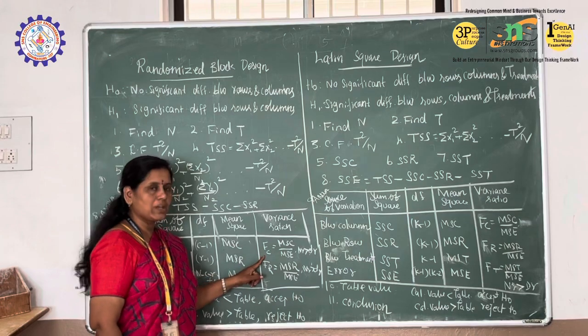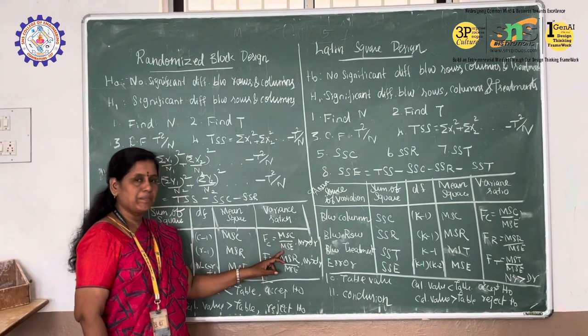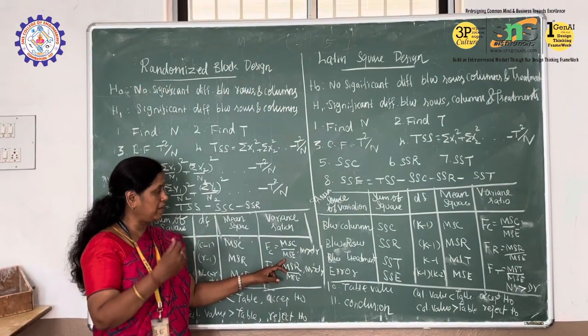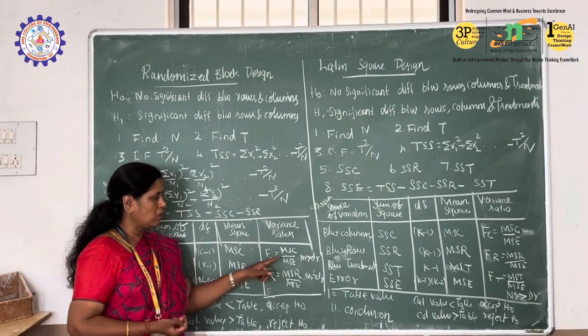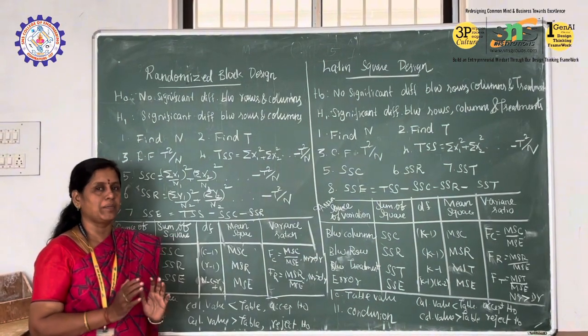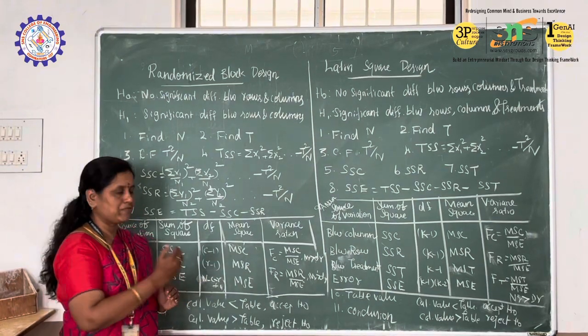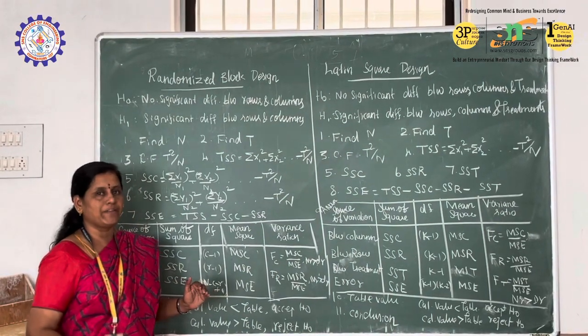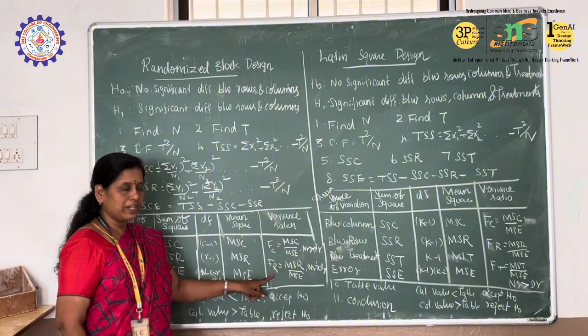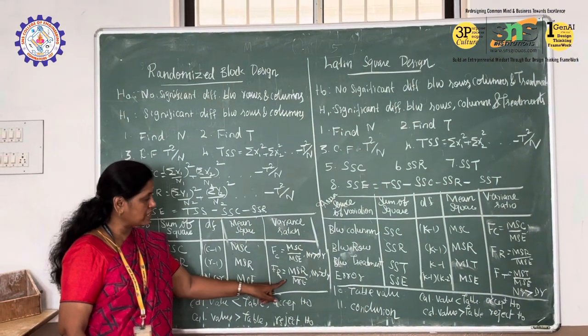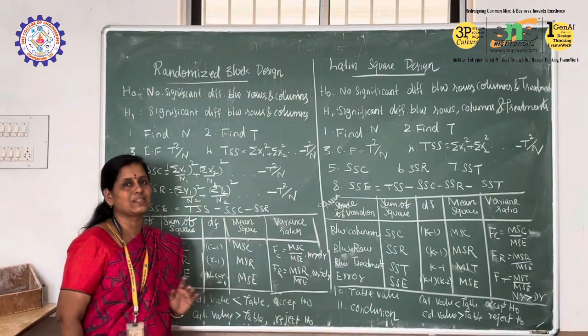So FC equals MSC divided by MSE, or MSE divided by MSC, so the numerator must be greater than the denominator. Based on this concept, we calculate the FC value and the FR value. Next, the F ratio row-wise is MSR divided by MSE.